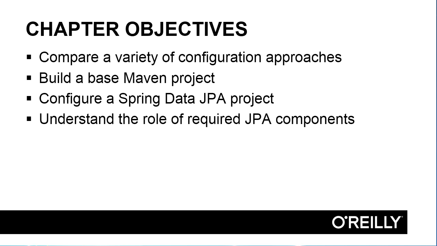And one of the ways they do that is providing a bill of materials. It's called a BOM. And it's actually a way that the Spring Data project helps manage the dependency versions within a project. So we'll see how to add a bill of materials to our Maven project that is going to resolve a lot of the dependency resolution nightmares that can occur when you configure a new project.